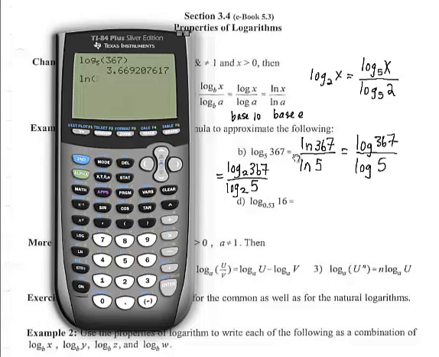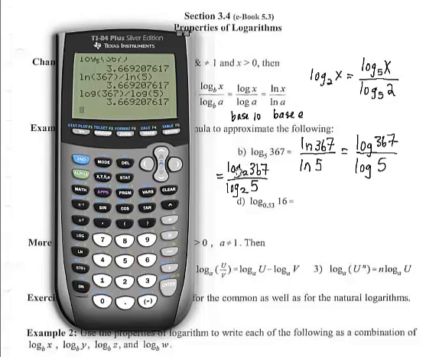The first expression I wrote with the natural log, so ln of 367 in the numerator divided by ln of 5 in the denominator, and we get the same output, 3.66920767. What about the common log expression, 367 in the numerator, 5 in the denominator, and once again the same result.